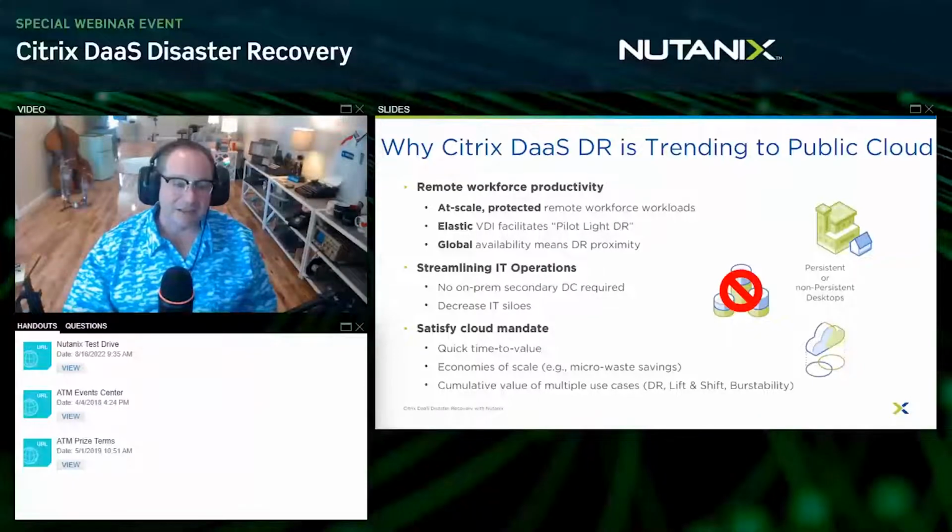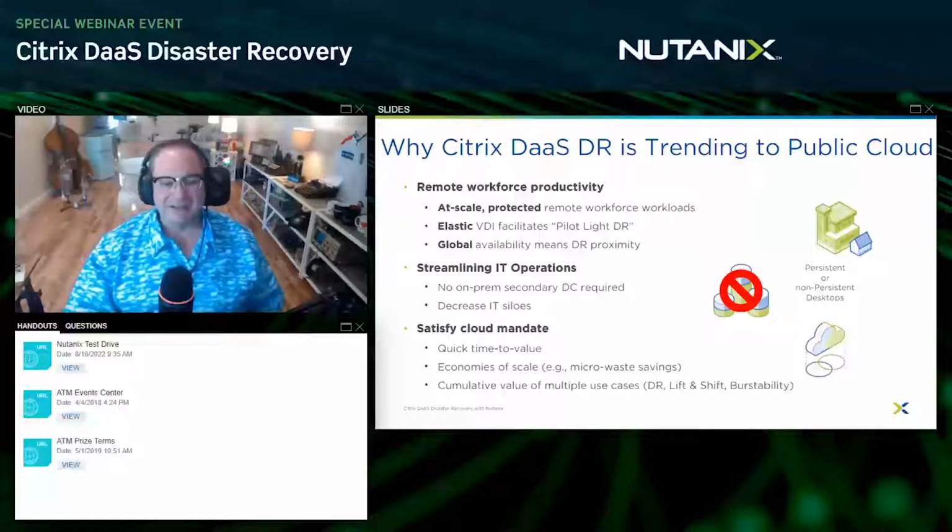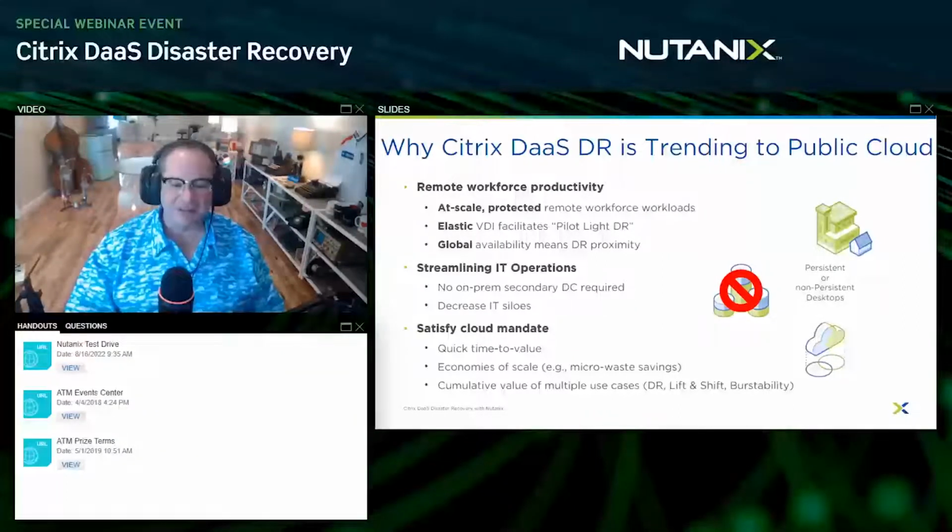And that's the second bullet right here, this bullet down here. No on-prem or secondary DC data center is required anymore. That duplicity, that redundancy, and you remember keeping racks and racks and shelves of hardware that never actually got used, but they were there in case you needed it.